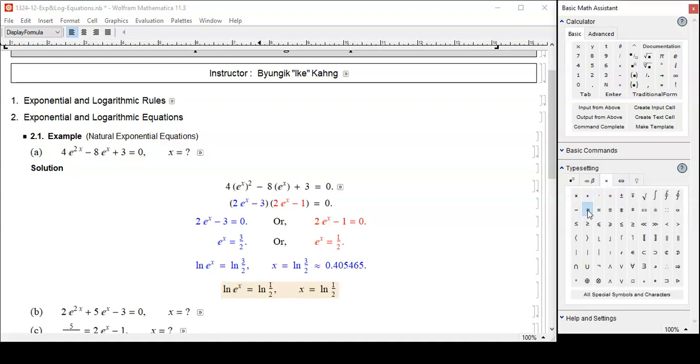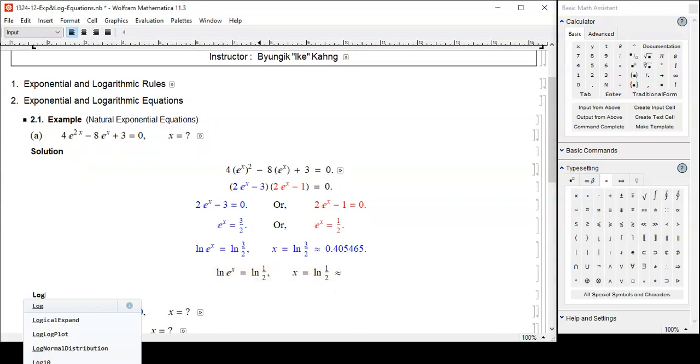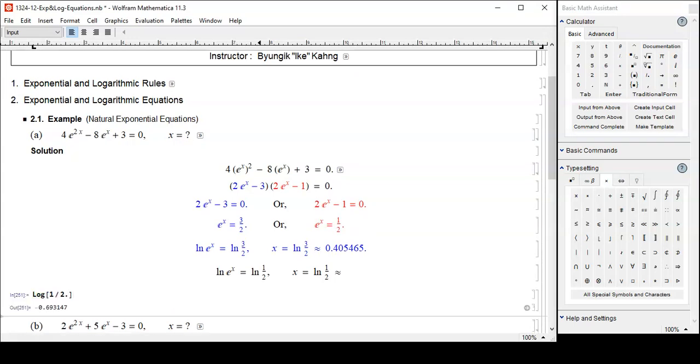But if you're a little bit unsure, or if you want to see how large it is, punch in the calculator and do your computation. You're going to get something like this.